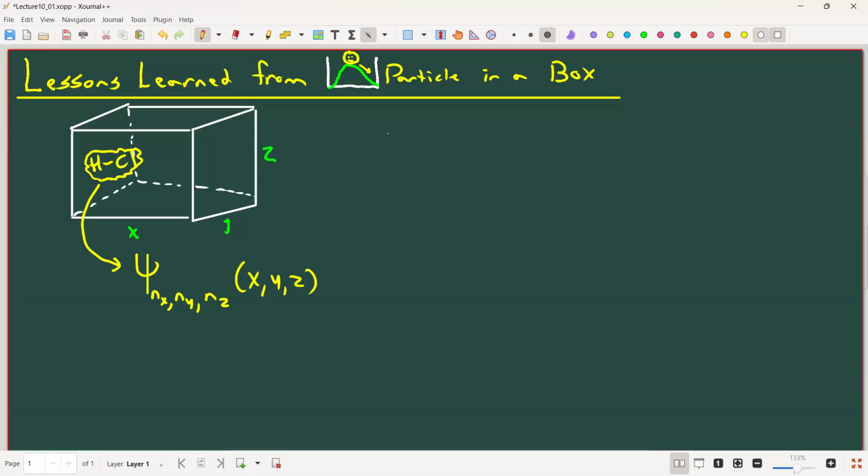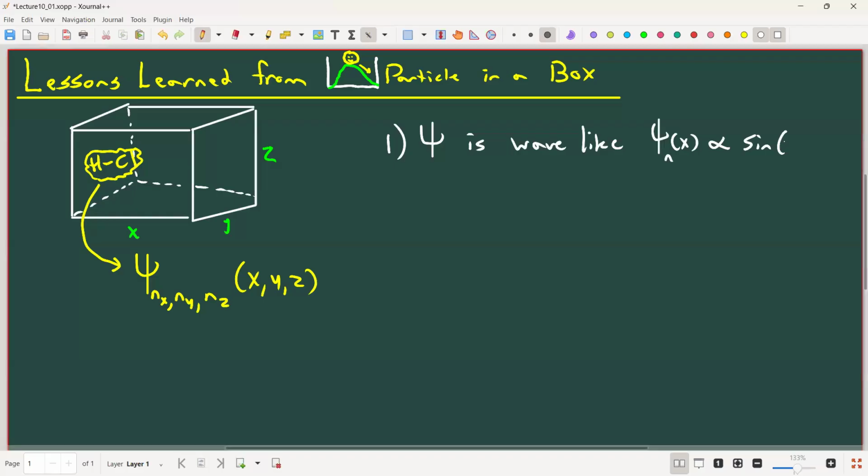Well, it's wave-like. Along one of the directions, it looks like a sine wave.